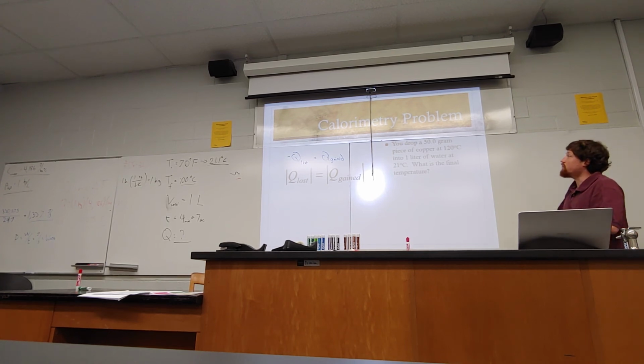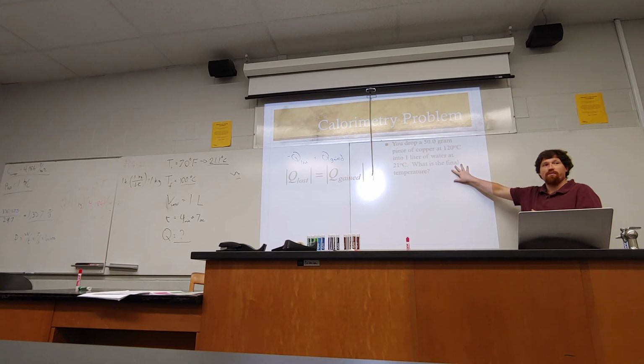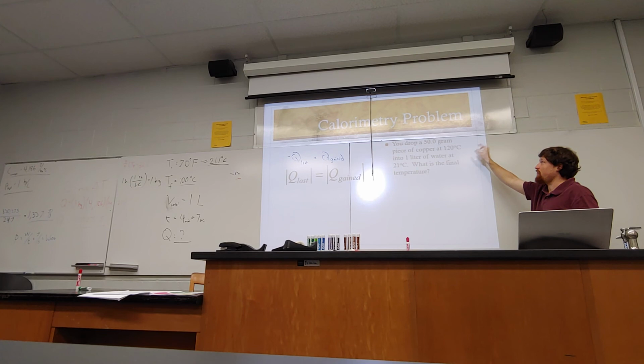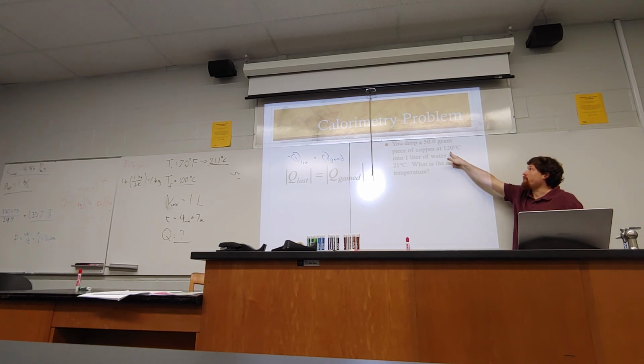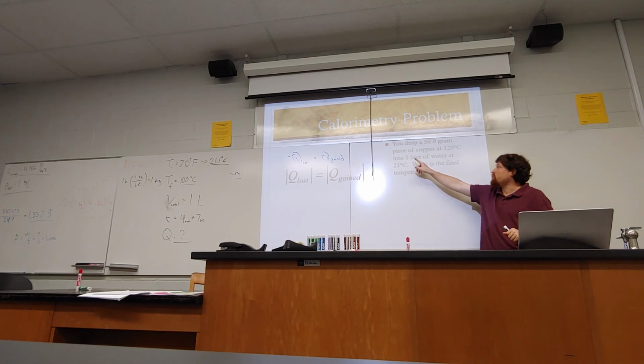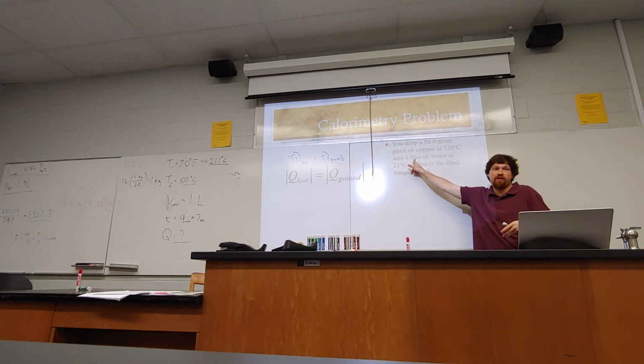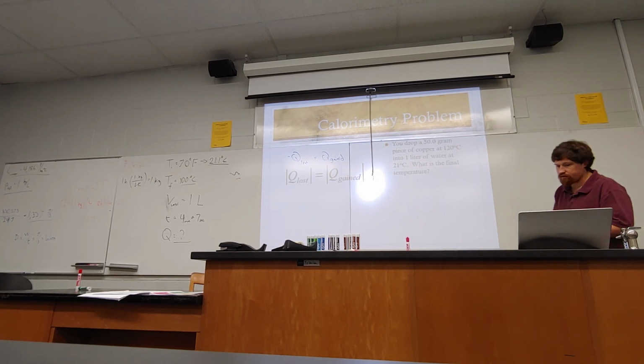Okay, so now we can pay attention to the question side of the slide. We have a small piece of copper, 50 grams. This is the copper's original temperature, 120 Celsius, and we drop it into 1 liter of water, which means 1 kilogram of water, and the water is originally at 21 Celsius.